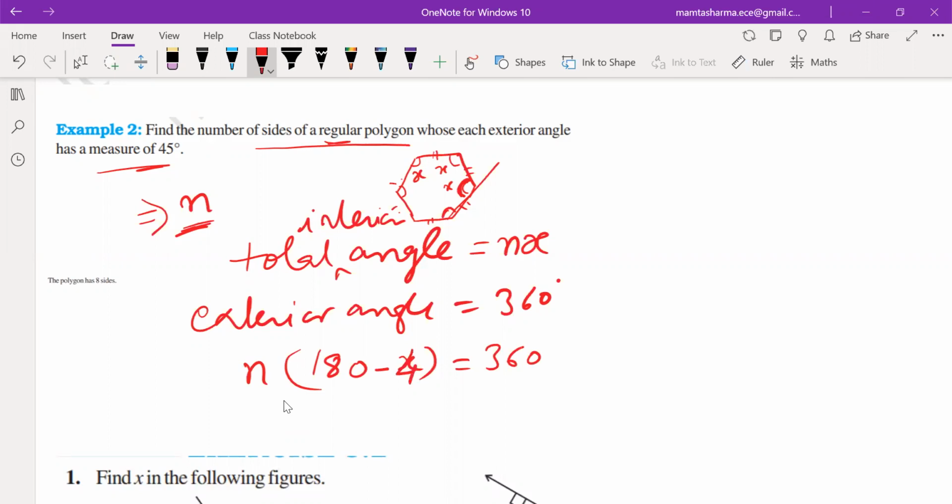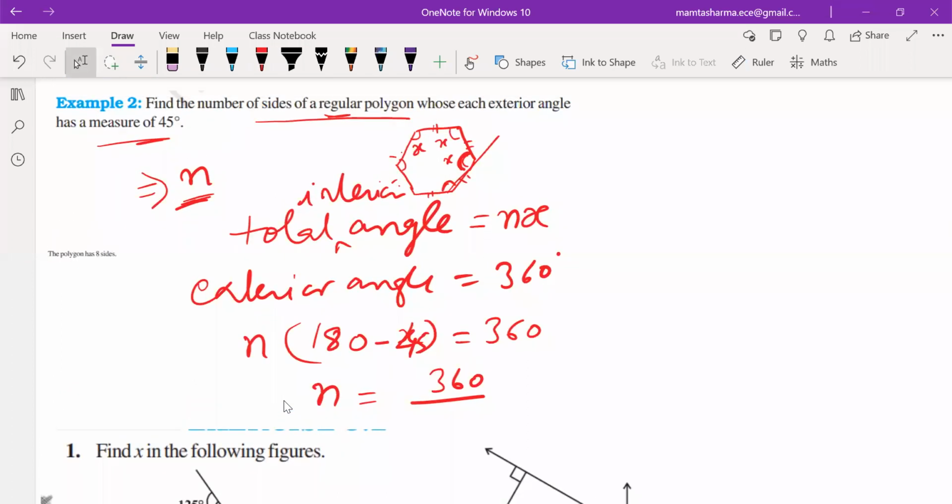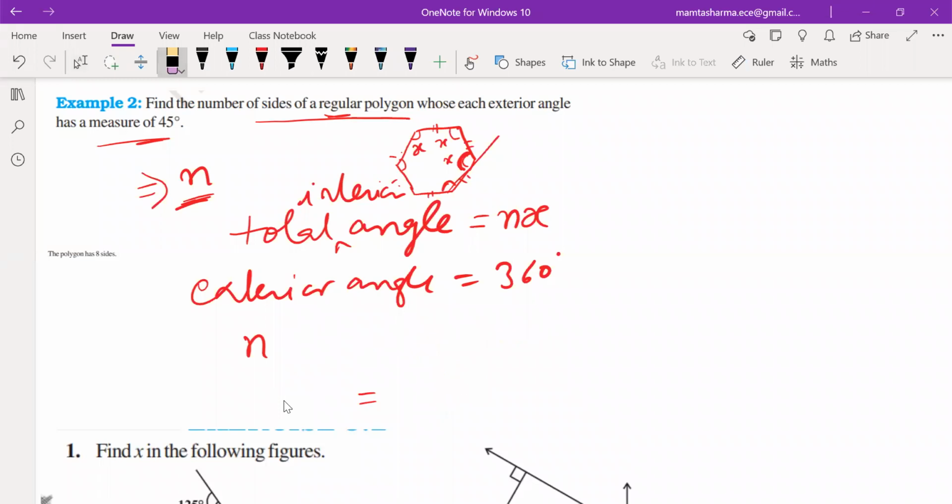X is 45 degrees, so 180 minus 45 is 135, and 360 divided by 135... Ma'am, 8 is the correct answer, but I'm doing something wrong, right?